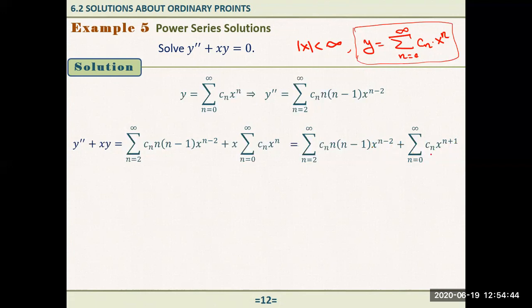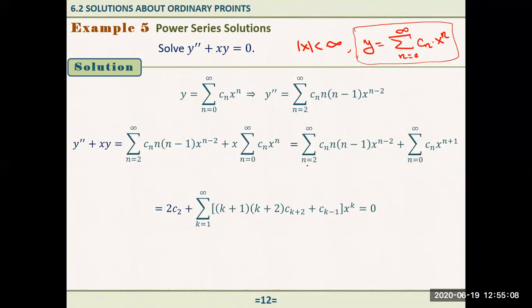Now the variable parts are the same, so I can take this out, and we also have to re-index so that the index starts with the same number. If we do so, the first term is 2 times c sub 2, when n equals 2. After that, the series starts with n equals 3, while the other starts with 0.